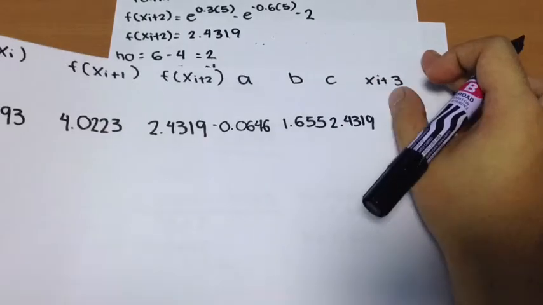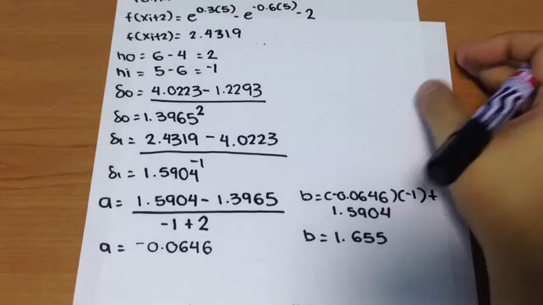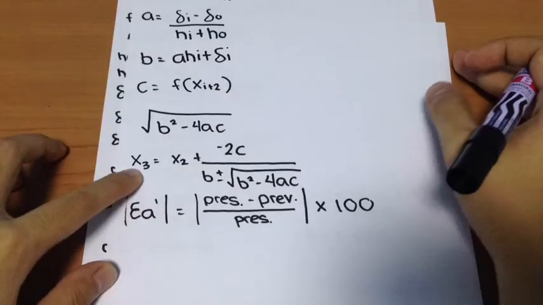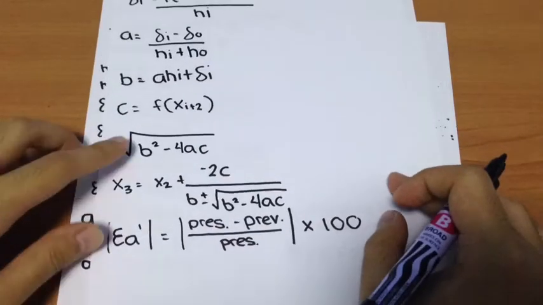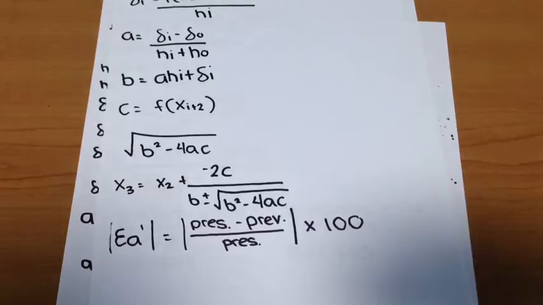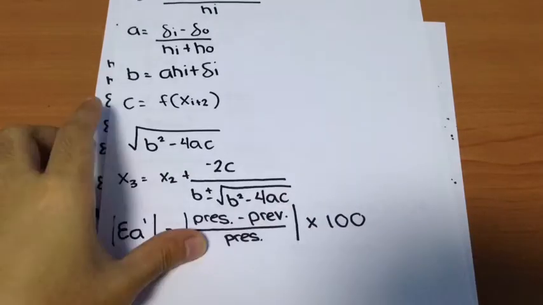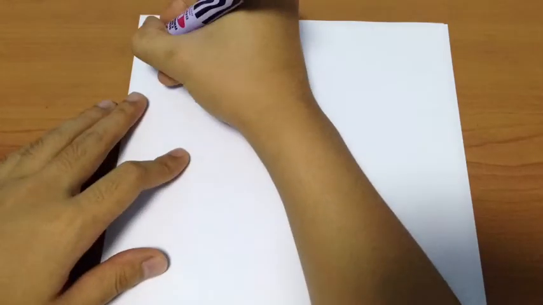And now we get the xi+3. To do so, we first substitute these letters to our quadratic formula to be able to determine whether we are going to use the plus or the minus sign in finding our x3.